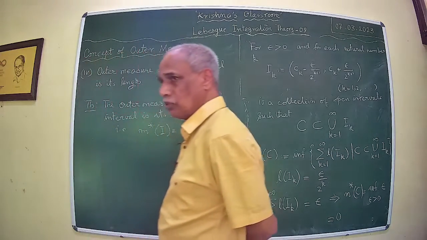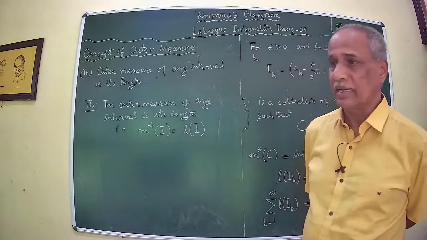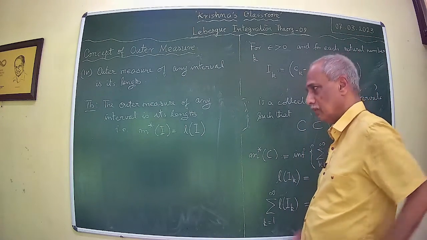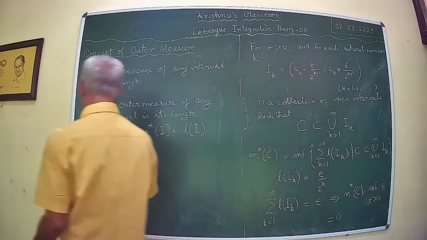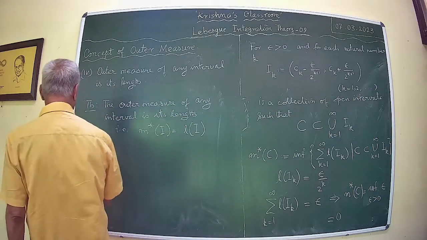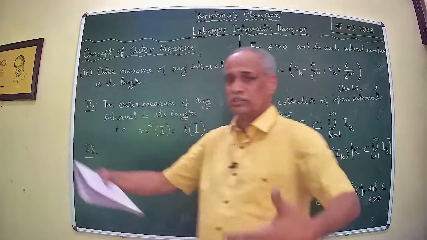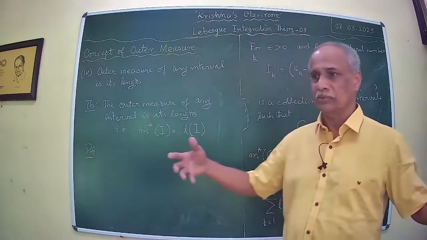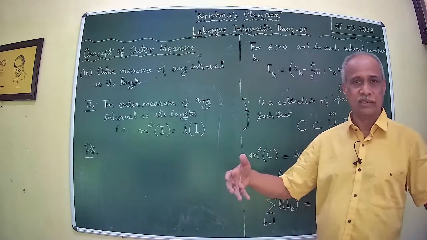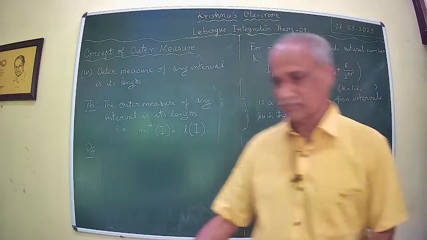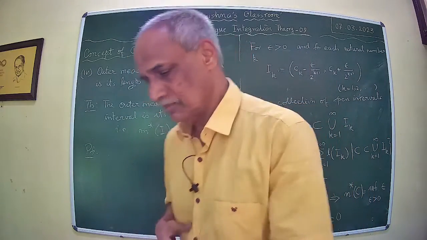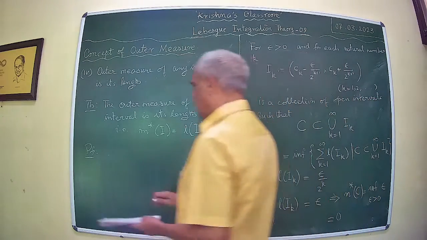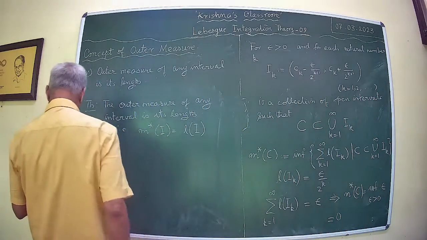Now we show that if the set happens to be an interval, then m star of I is equal to the length of I. Let us prove this because this is very important. This is the result required to connect the so-called Lebesgue integration with the Riemann integral. As we shall see later, I will make a comment about it later. So we prove this as follows.